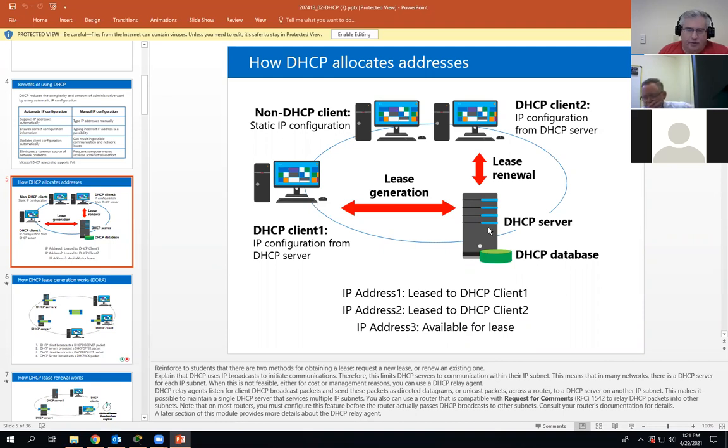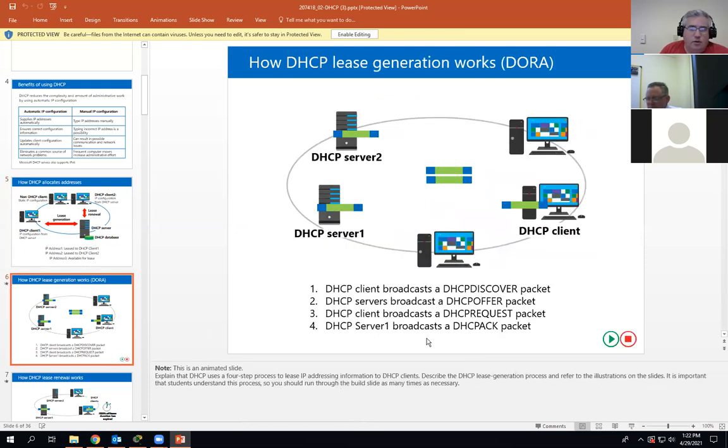IP version 6 will use a multicast instead, but this uses a broadcast, and a broadcast will go to all the other clients as well as every other server on that network. A DHCP server listens for broadcasts, and so it will respond to the client saying, hey, I've got an offer, a DHCP offer.